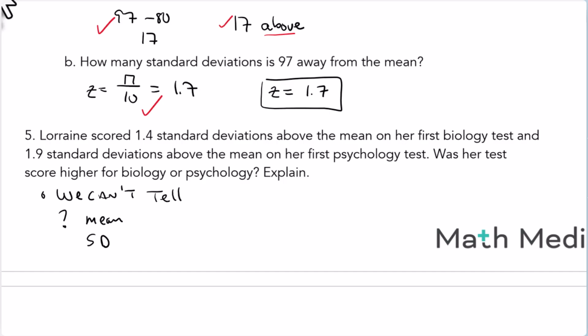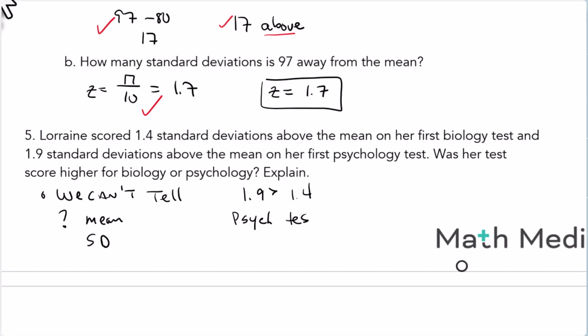Now, what we do know, we were told, is that her bio test was 1.4 standard deviations above the mean, and her psych test was 1.9 standard deviations above. So we can clearly see 1.9 is greater than 1.4, and with that, her psych test is higher compared to her peers.